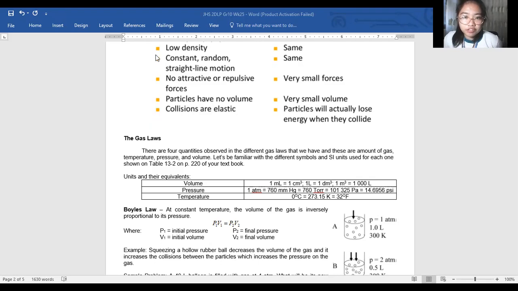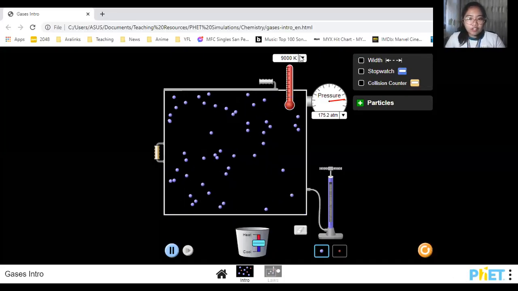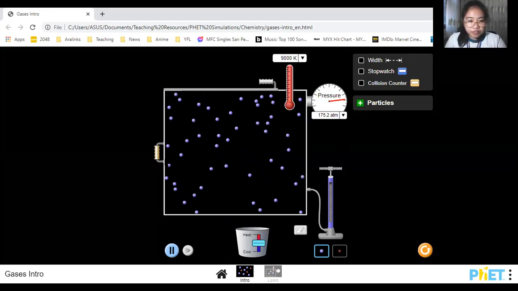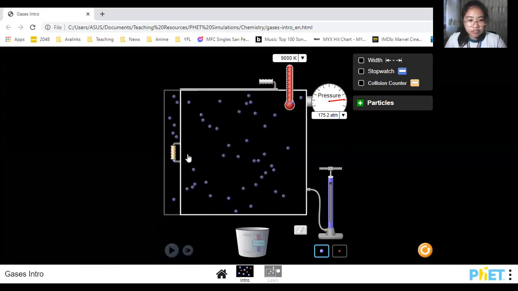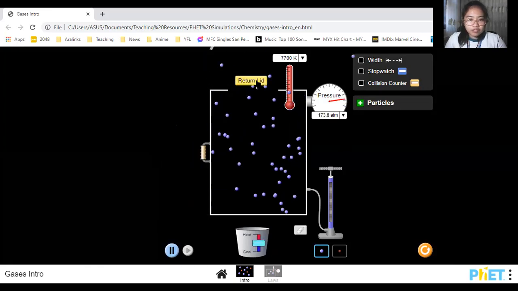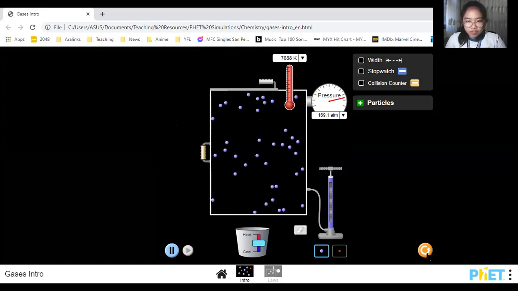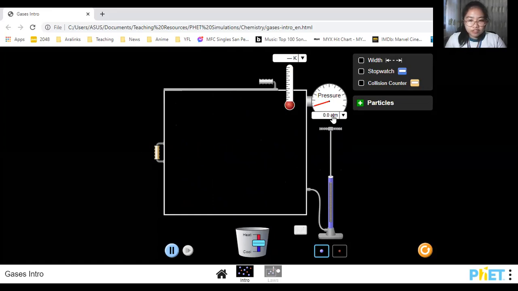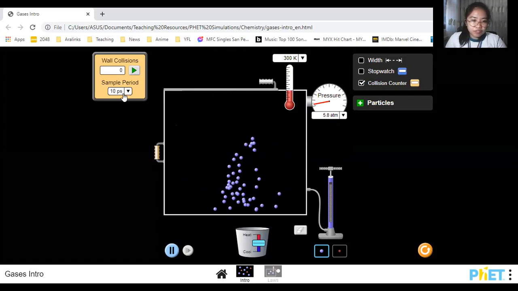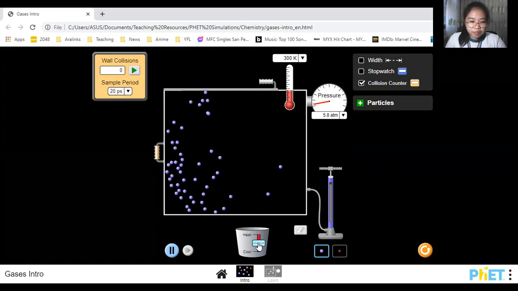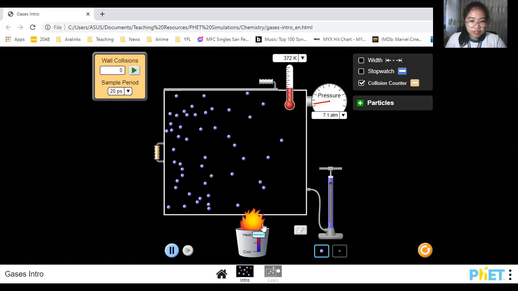So, parang ganito. Kunwari, liliitan natin yung volume. Ay, wait lang. Syempre, reset na muna natin. Taasan natin to. Pataasin lang natin, pabilisin lang natin ng konti ang ating particles.